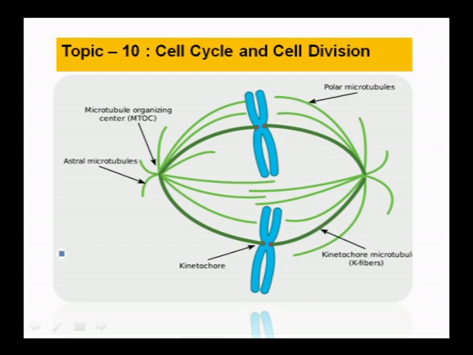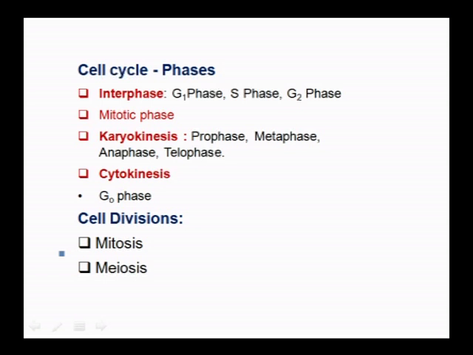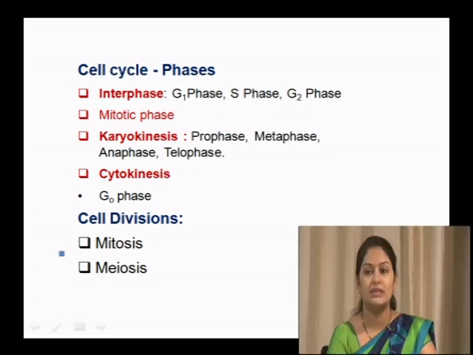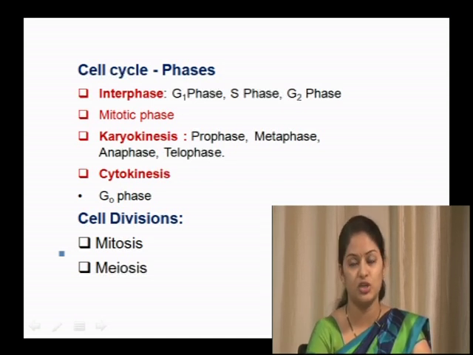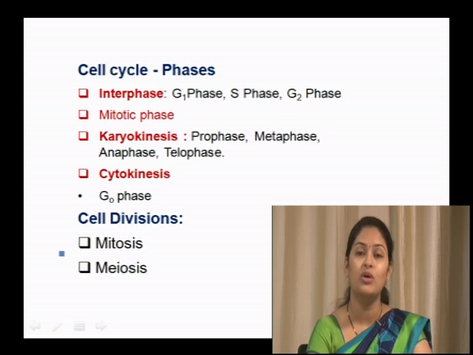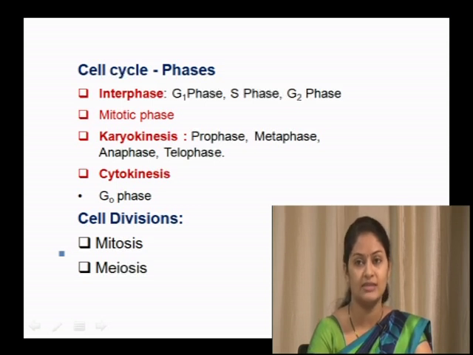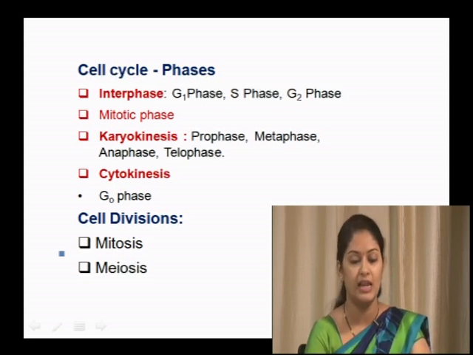Next, moving on to the topic of cell cycle and cell division. The cell cycle indicates the sequence or series of changes that occur in a cell from its formation until it divides into two daughter cells. These processes are referred to as the cell cycle, and we can classify them into different stages.